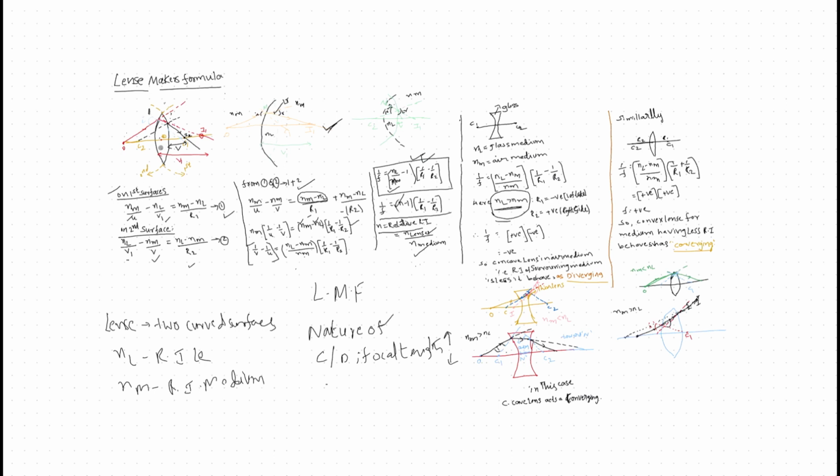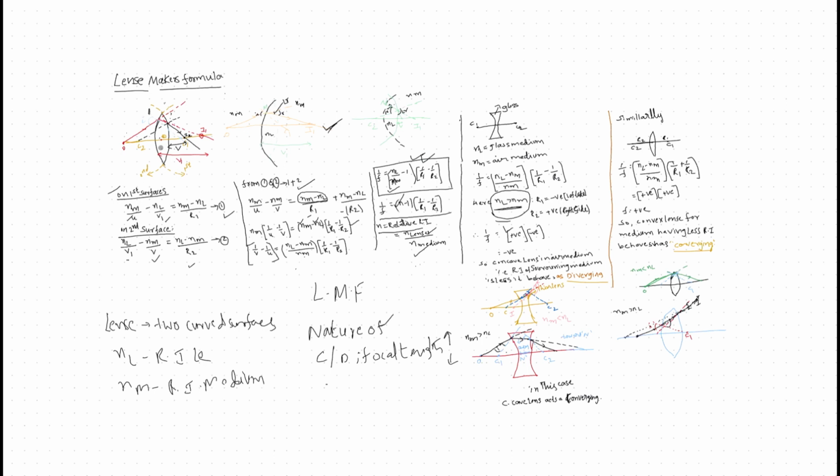Here I have written positive and negative values because it takes much time to write otherwise. Here 1 by R1: R1 means the left hand side, R2 is the right hand side. In sign conventions, to easily apply them, the optic center has to be considered always as the origin, and light has to come from left to right. So R1 will become negative and R2 will become positive.